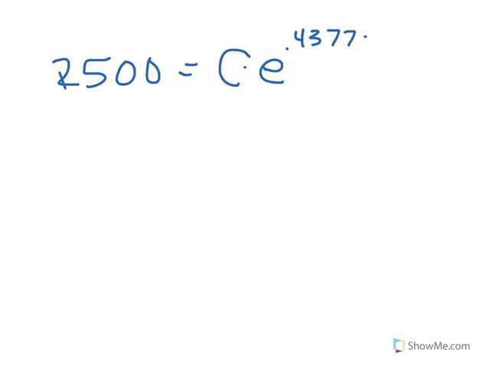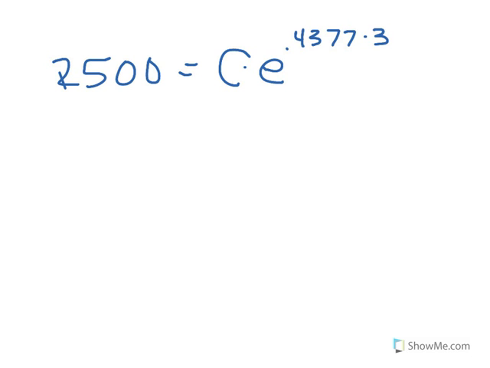Okay, so we're going to do that. So we're going to get 2,500 equals C times e to the 0.4377 times 3. And this is where you want to be able to get that in your calculator without any round off if you can.